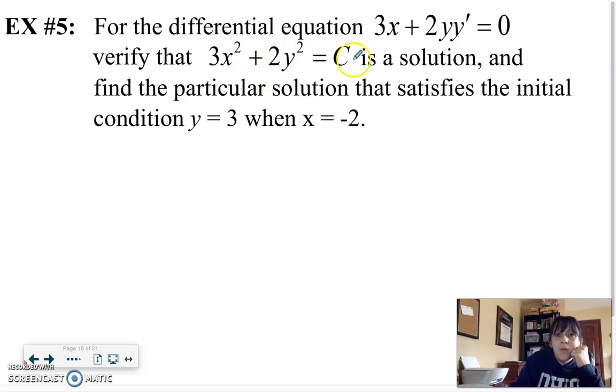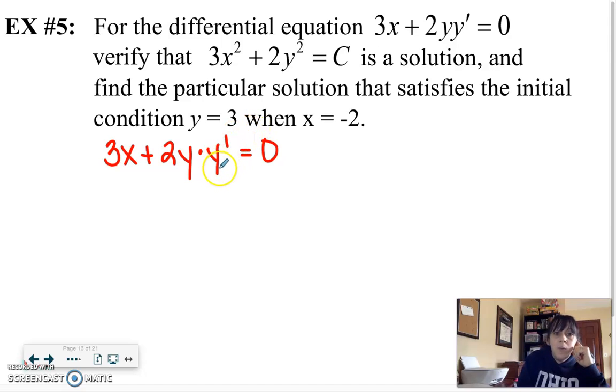So it makes it a little messy to approach it that way. I'm thinking what I'm going to do instead is just solve this differential equation like I've been showing you on the last couple of examples. So I'm going to do the step process that we've been working on and see where that takes me.